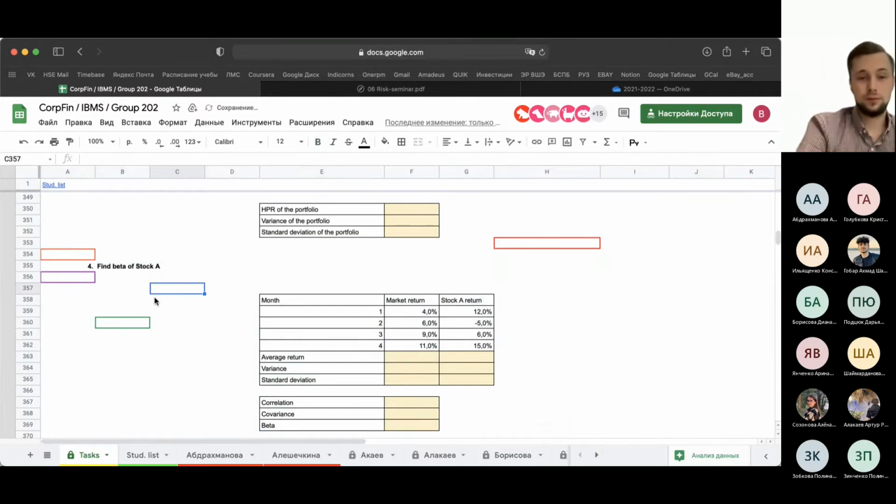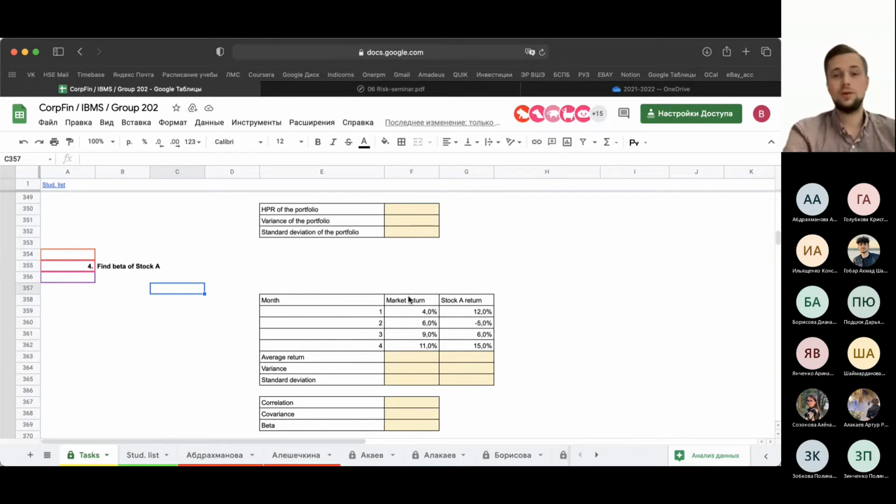Yeah, so it's very simple. We have 1 stock and some information about market return. Let's say it's the S&P 500 index. We should find the beta for stock A. Okay, let's do it, then discuss, and then finish our seminar.